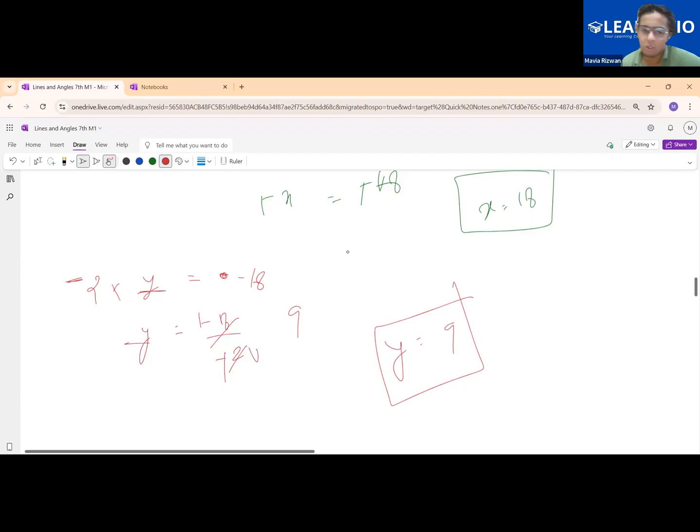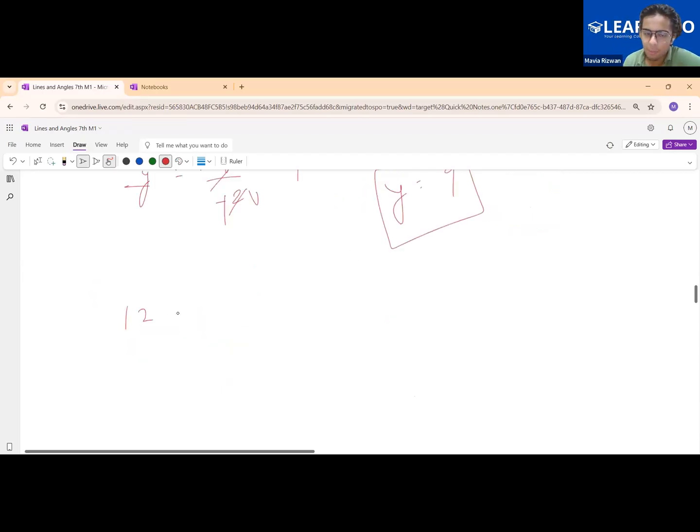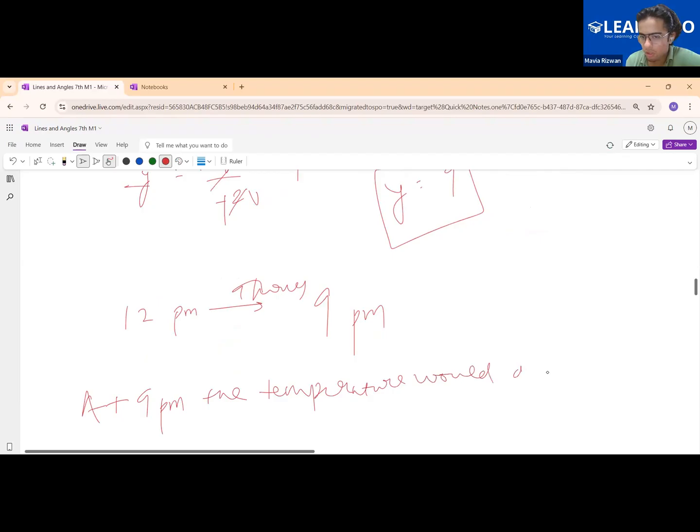So the time was 12 p.m. 9 hours means 9 p.m. So at 9 p.m. the temperature would drop to -8 degrees Celsius.